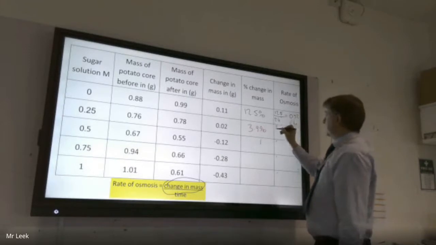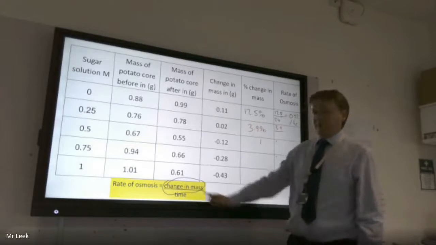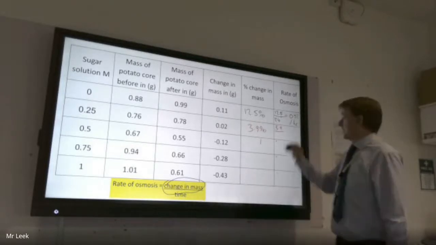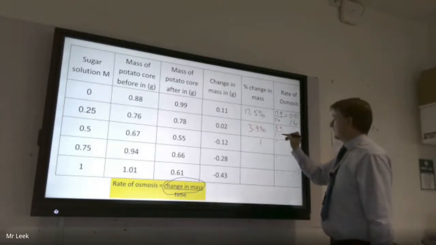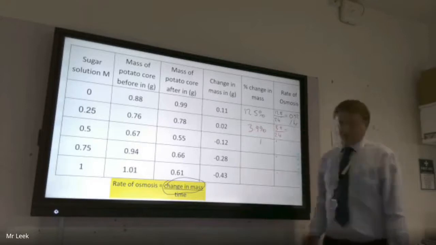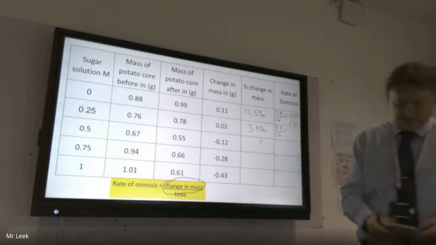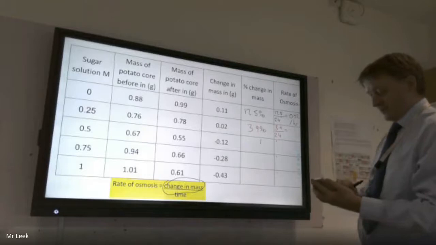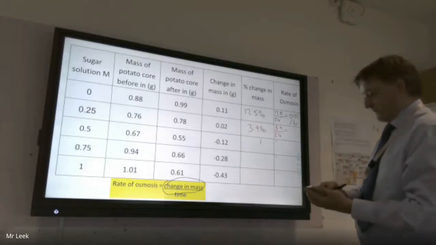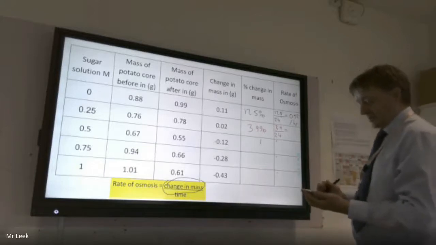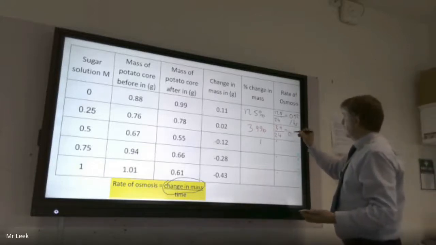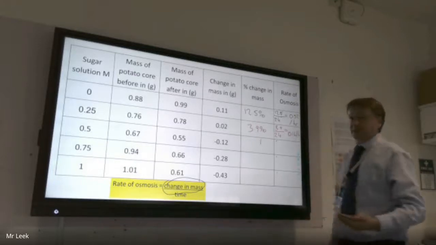You do 3.9 divided by the time that we did the experiment for, which was 24 hours. That equals, I'll just do it on my calculator, 0.16 per hour. Okay?